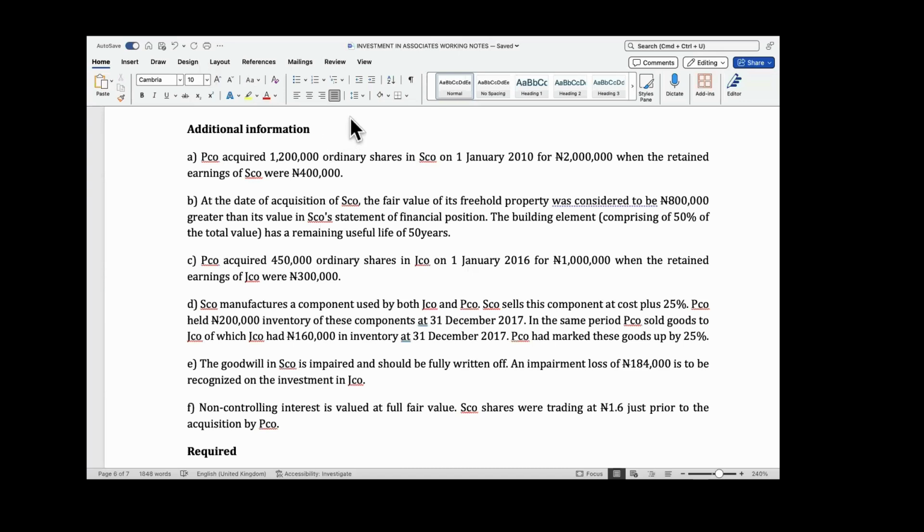Yes, Samuel. I think few of these might be where the issues are. From the first additional information, it is clear: it's 60-30 in terms of what we're looking at. Associate is 30% and the subsidiary is 60%. So that's clear. I think we can just discuss the adjustments, then we can solve later on our own, because consolidation is not the issue.